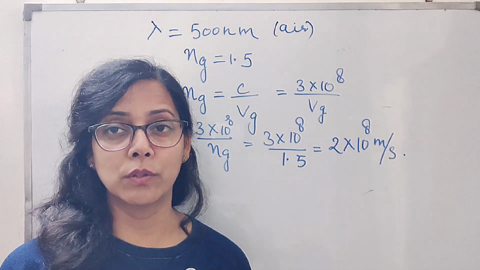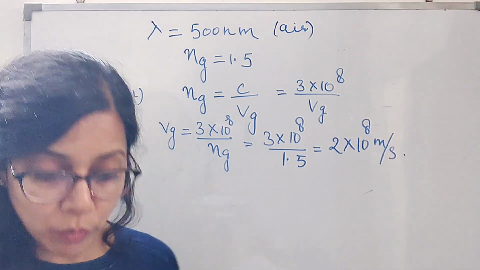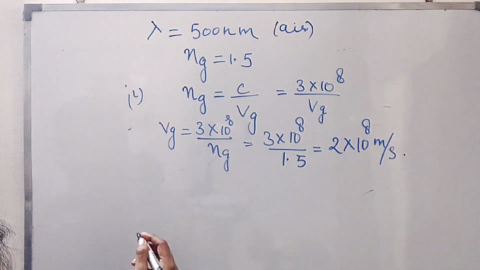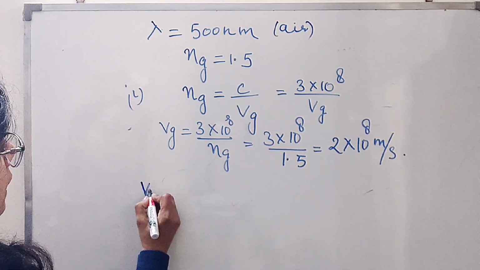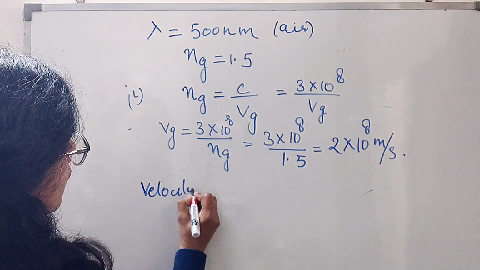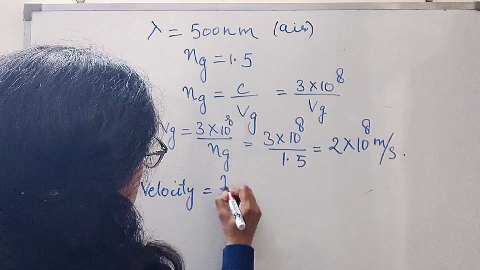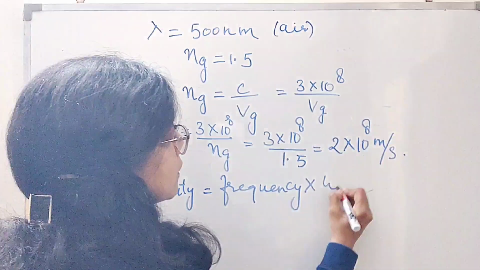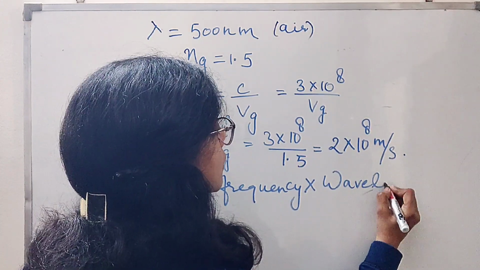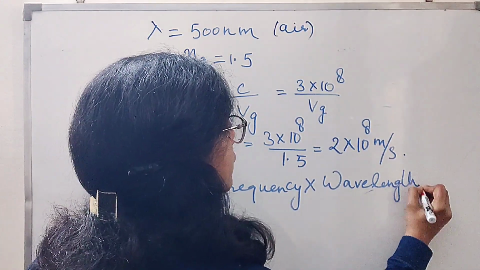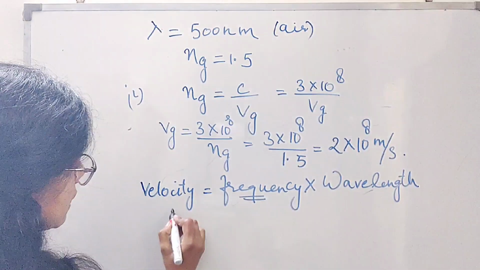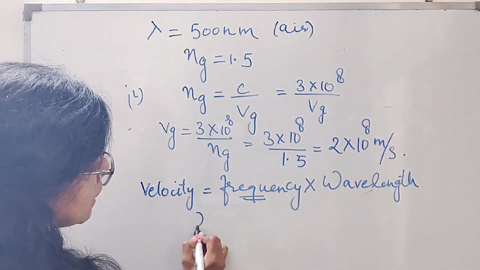The next formula which we are going to use here is velocity is equal to frequency into wavelength. Because we have to find out frequency, the symbol of frequency is nu.